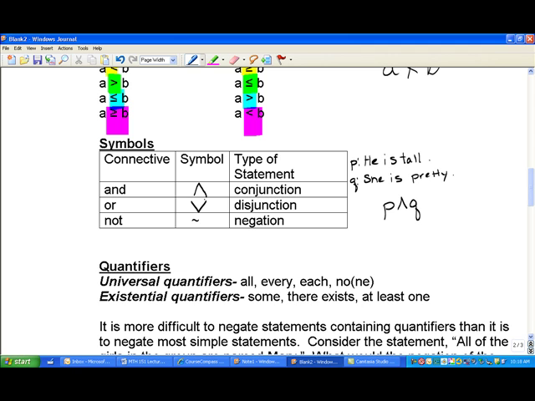So if we wanted to say he is tall or she is pretty, P or Q. And then finally not, to say he is not tall, we would put not in front of the P. And it uses what we call the tilde, used in foreign language.